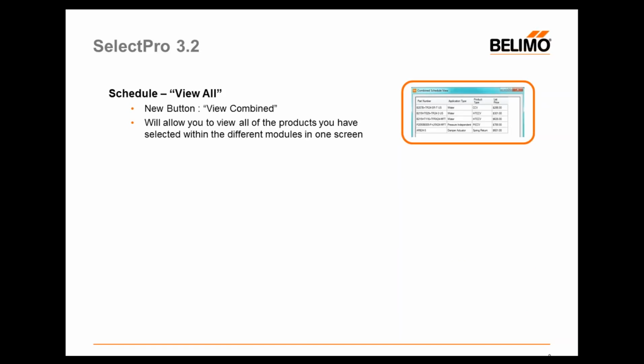So if you're putting together a large schedule, maybe 100 or more than 100 different line items and valves, actuators, retrofit, linkages, maybe you used our quick quote module to put together a portion of the schedule because that's where we host our economizers.